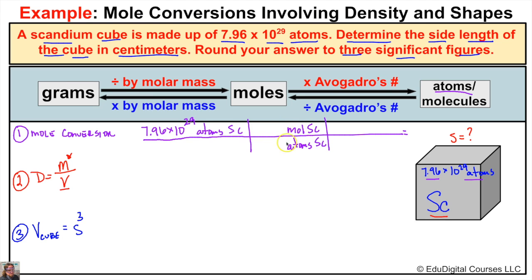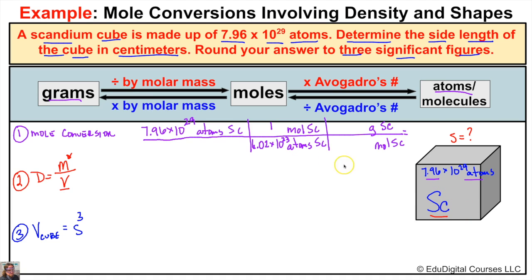Once we're done with this little step, we're going to want to cancel out moles of scandium. So we're going to put that at the bottom of our little equivalent statement here, and then we're going to convert to grams of scandium. So what's the relationship that exists between moles and atoms? Well, 1 mole, if you remember, is 6.02 times 10 to the 23rd of whatever it is you're talking about.